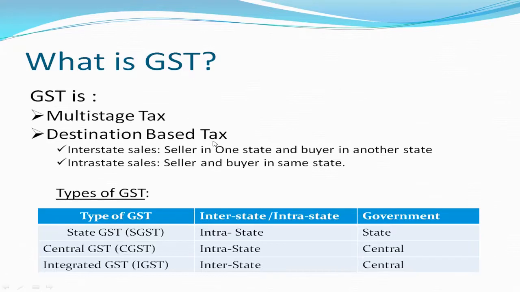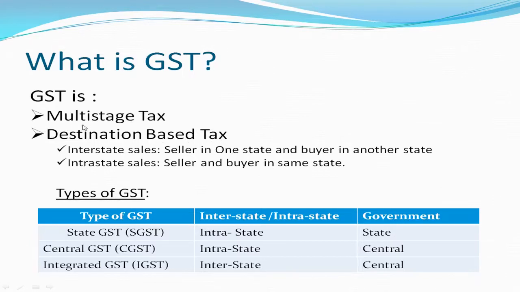Because the tax we pay as GST, depending on the destination of buyer and seller, it decides whether that GST will go to state government or central government. That is why GST is destination based tax.